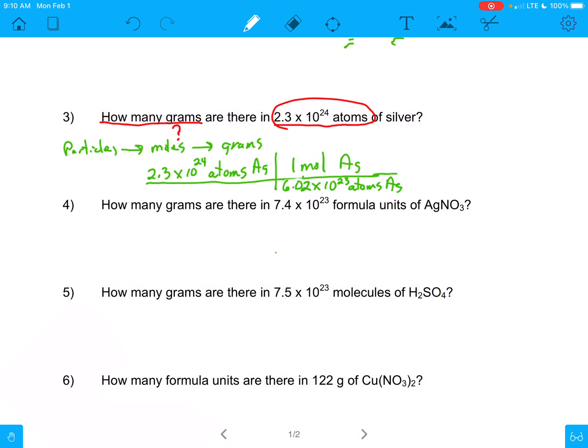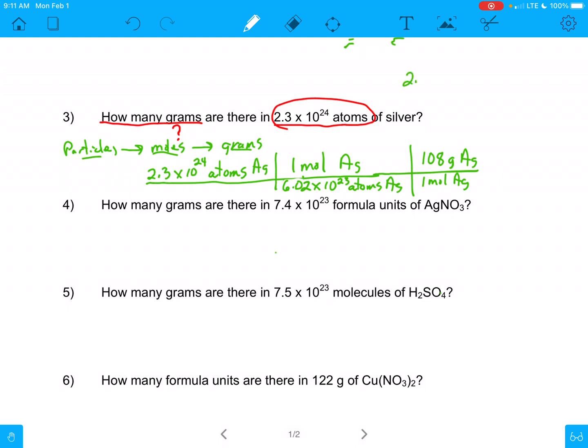Okay, so there's that. And then the next thing I want to do is go from 1 mole of Ag to 108 grams of Ag. Okay, so that's going to be my last step because I go from particles to moles and then from moles to grams.